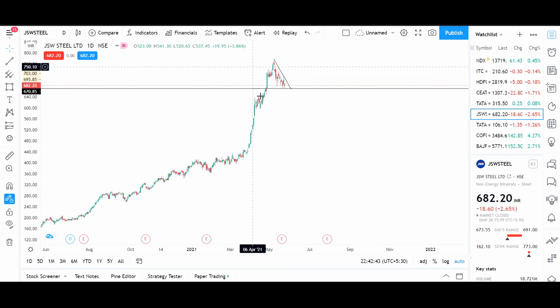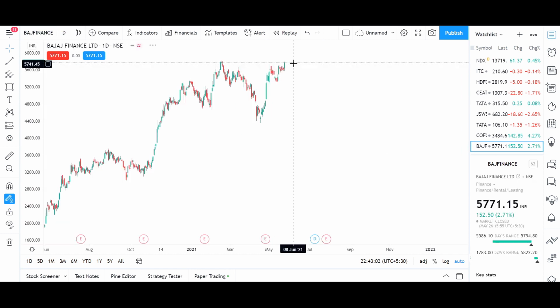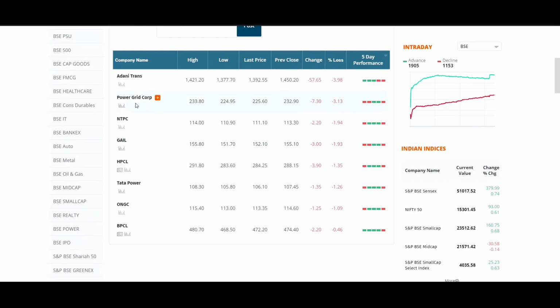So that is why I'll put this stock in my watch list for tomorrow, right? As you can see here, Coforge near all-time high can be a very good intraday tomorrow. It may take a reversal from this, or may open gap up and make a new high. All right. Bajaj Finance is also at very crucial levels. So you have to go through these stocks, not all of them.